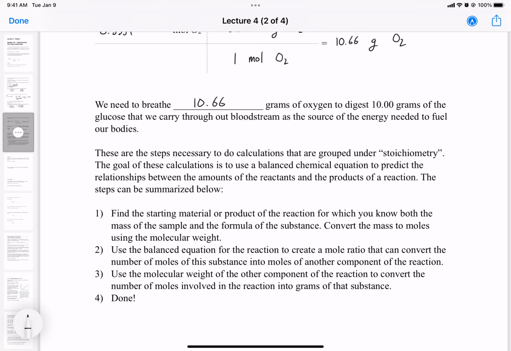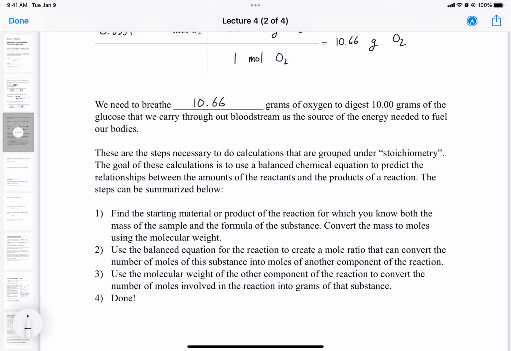Okay, so you'll convert the mass to moles. Usually it's given in mass and not moles, but sometimes we'll give you moles. If it's given in moles, you do one less step where you don't convert from grams to moles. Okay.